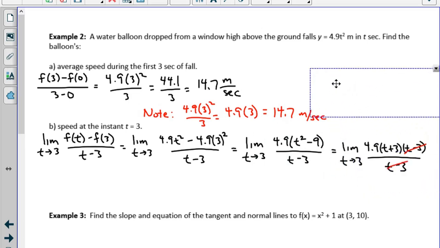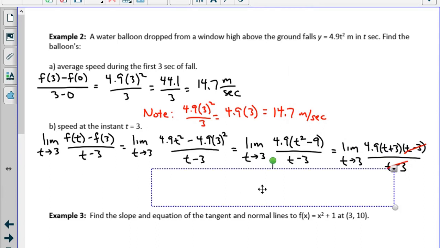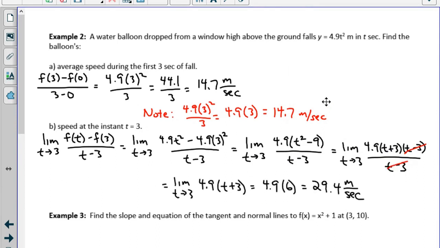So I end up with 4.9 times t plus 3 times t minus 3. Notice those cancel out. And I end up with 4.9 times t plus 3. And then I just substitute the 3 in, and I end up with 4.9 times 6, which is 29.4 meters per second.